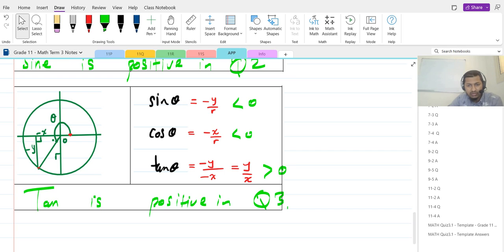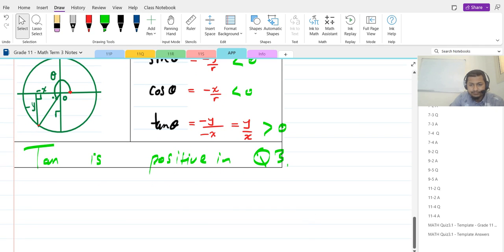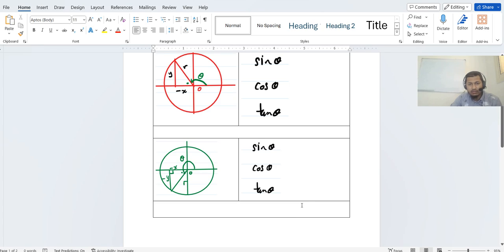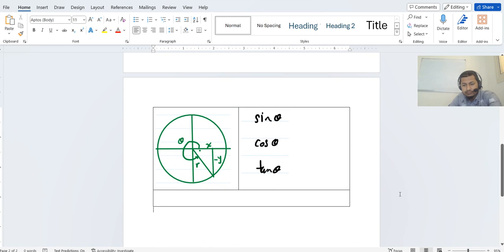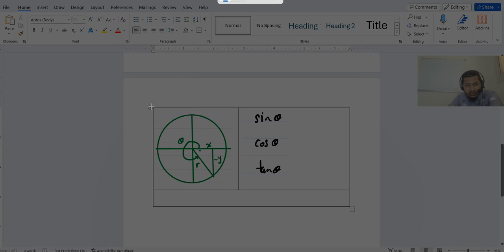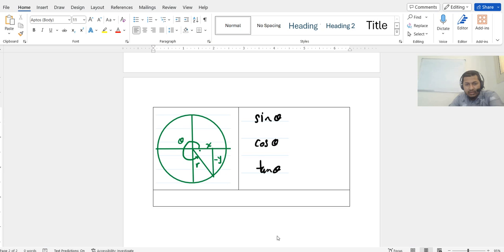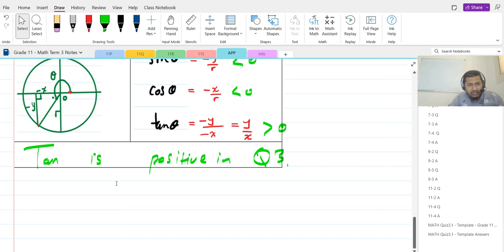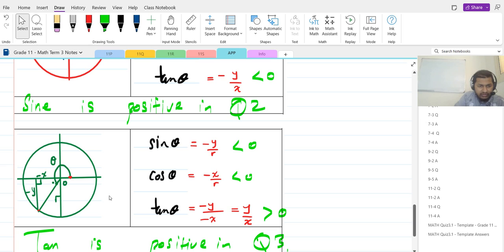Now last diagram. Tan is positive in quadrant 3. So what is the quadrant 3 angle? Remember, this is the reference angle theta here, and we're going just over 180.